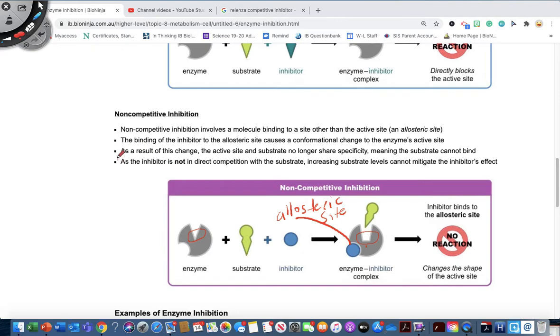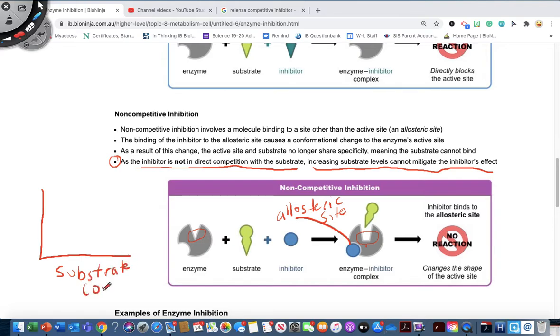Now let's look at this part right here because this is important. As the inhibitor is not in direct competition with the substrate, increasing the substrate level cannot mitigate the inhibitor's effect. So if we draw our graph again, let's label this substrate concentration. Let's label the y-axis the rate of the reaction.